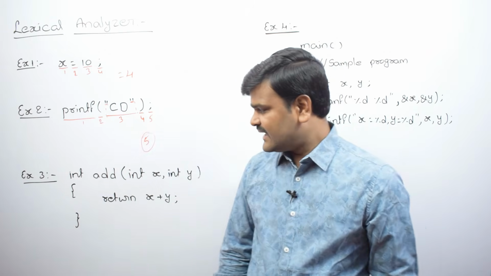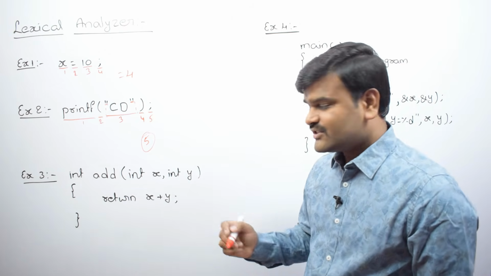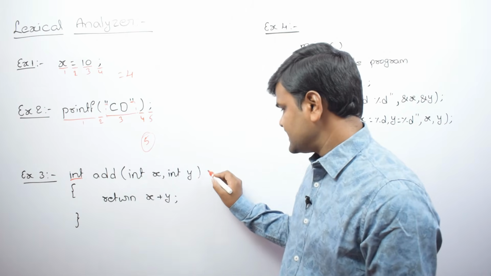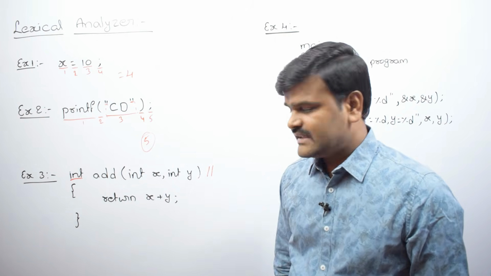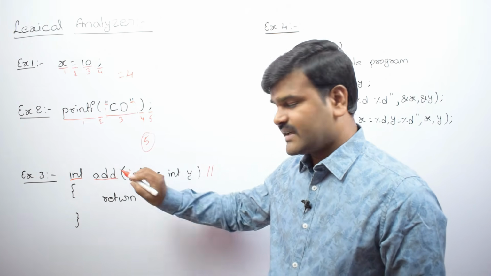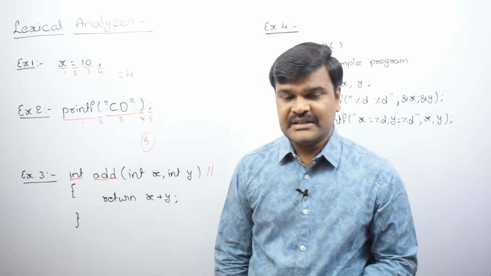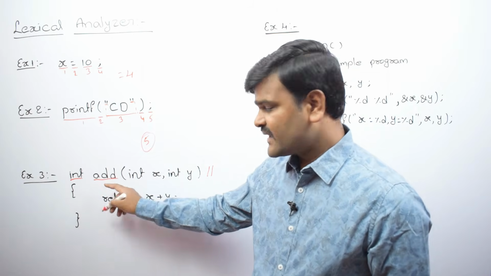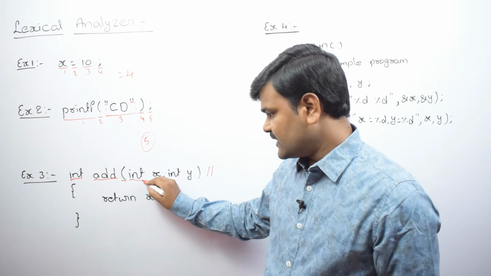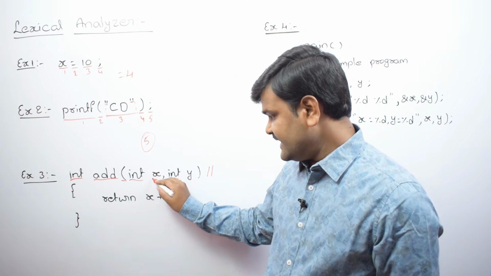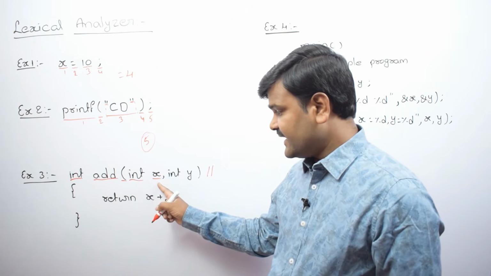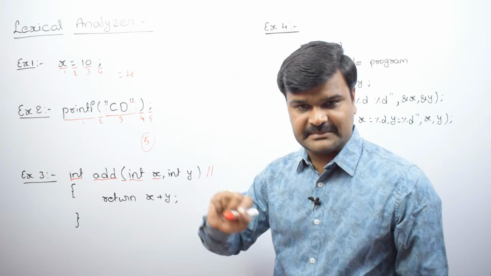Is it clear? Next, if you see here, this int is one token. In the first line, how many tokens are there? This is 1, and this is the function name, an identifier, so this is another token, and this is the open brace, one token, and this is a keyword, one token, and an identifier, the variable name. This is an identifier, but this is a variable name and this is a function name.